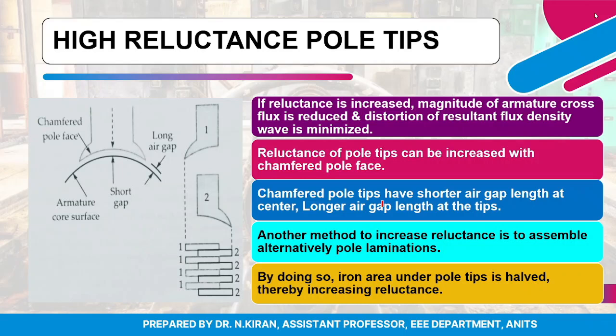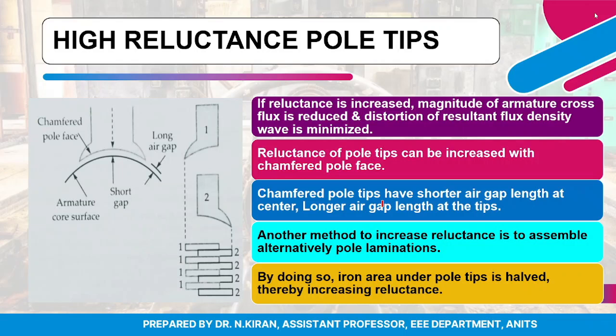The second method, shown in the second diagram, by which we can increase the reluctance is by assembling the pole laminations alternately, as you can see. By doing so, the iron area under the pole tips is halved, so the reluctance will increase. So these are the two ways by which I can increase the reluctance of the pole tip.